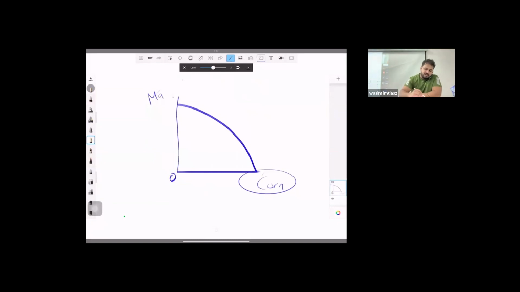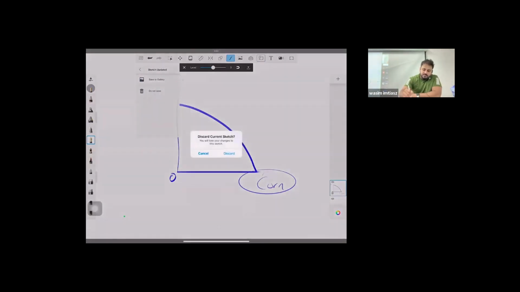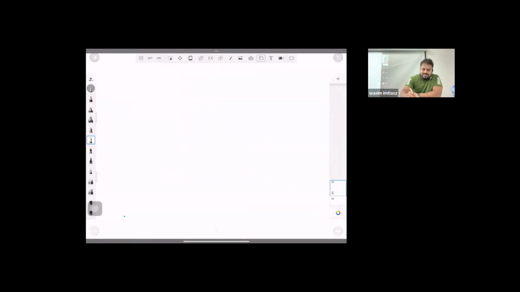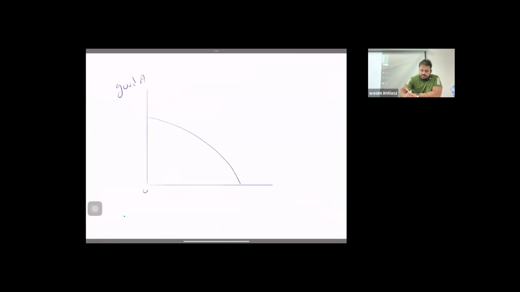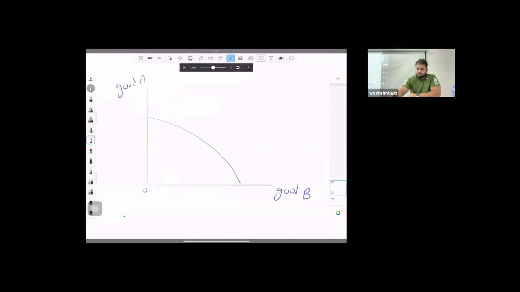Very important. Then another thing they can test from you is, look at the board here. Where the PPC curve is pivoting. Don't get scared with the words. I'll show you here. This is good A, 0, and this is good B. This is your PPC 1.